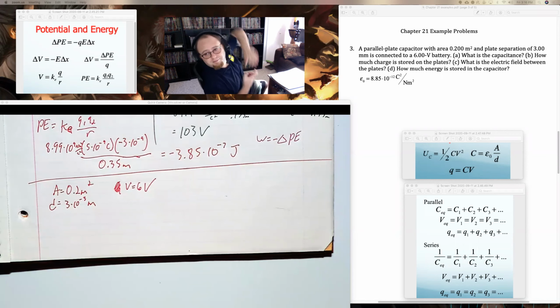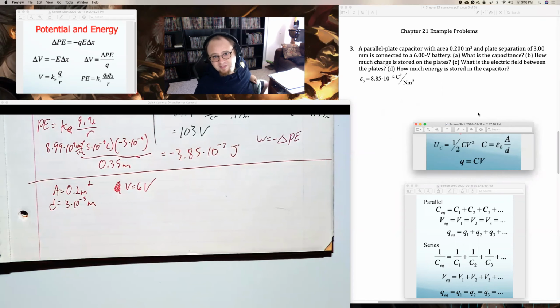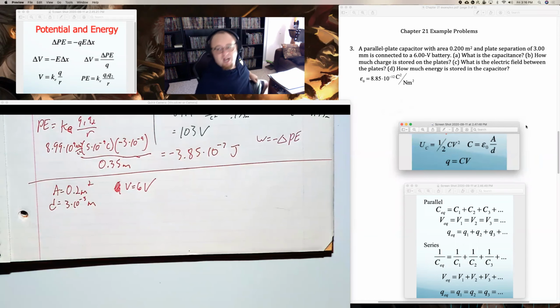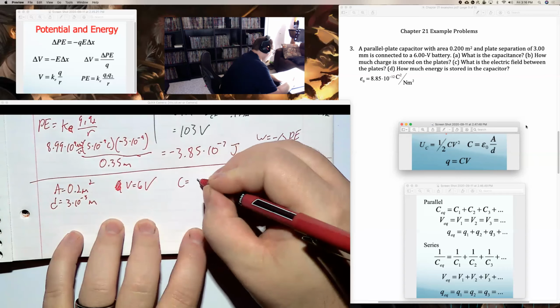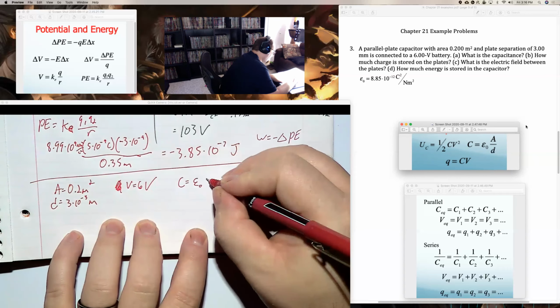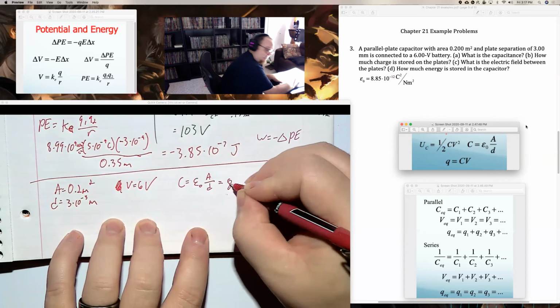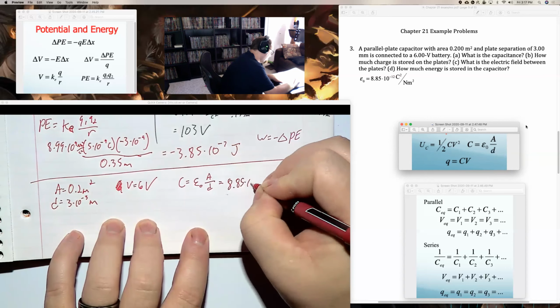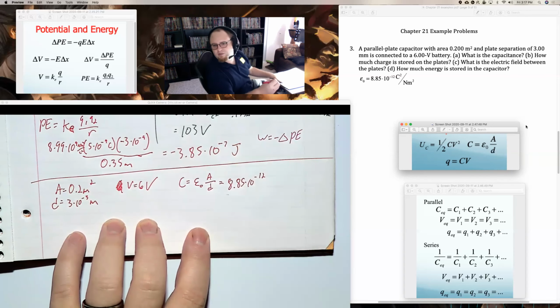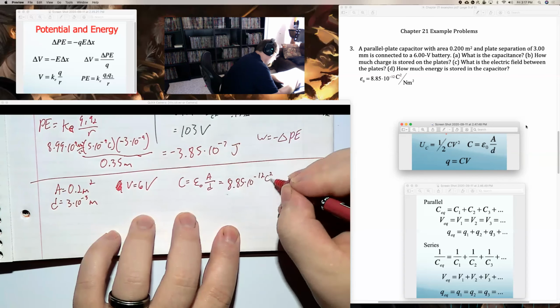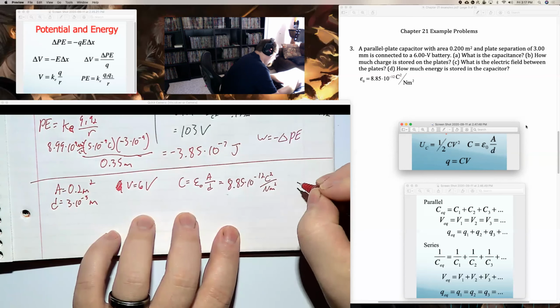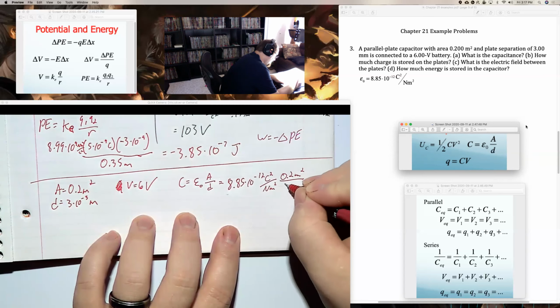Over here, this thing that I'm moving around, I give the equation for the capacitance. Capacitance is given as the permittivity of free space times the area over the distance. The permittivity of free space is 8.85 times 10 to the negative 12 coulomb squared per newton meter squared, times the area over the distance.